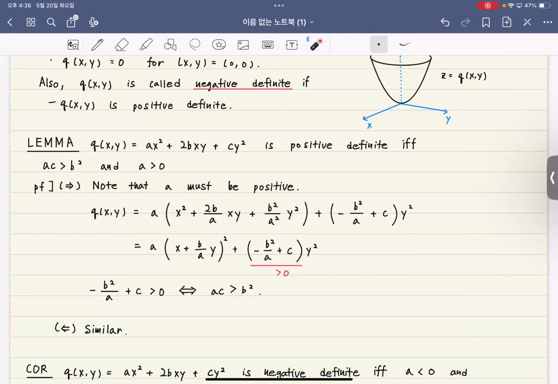Since I added this, I subtract the same term over here, combined with c times y squared; this is going to be my second term, right? And as you can recognize, the first parenthesis over here is a perfect square. So you can factorize it like this, plus this term.